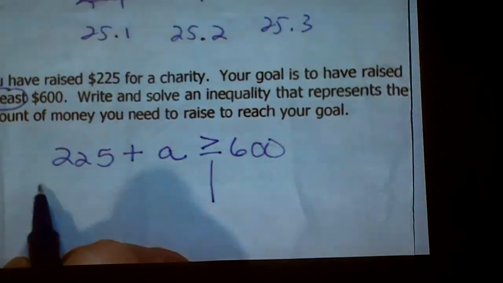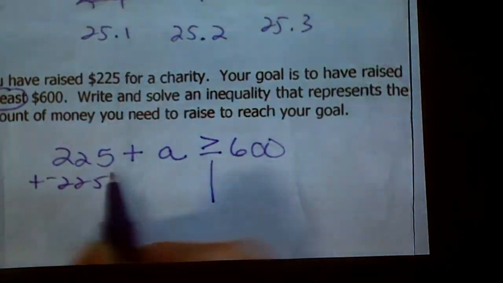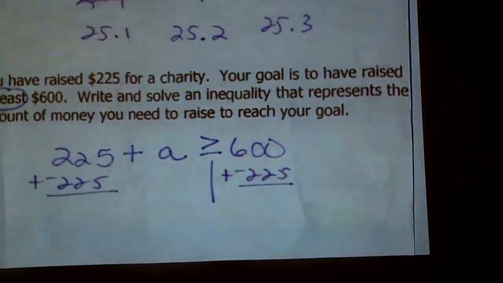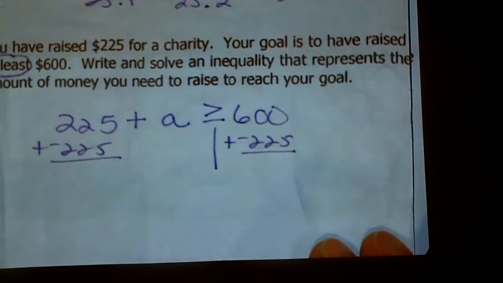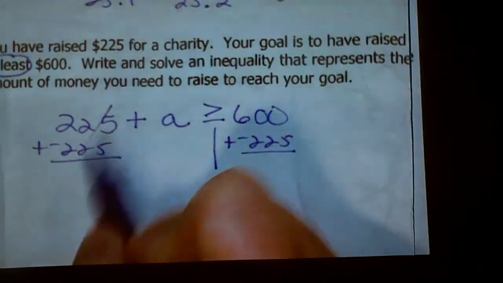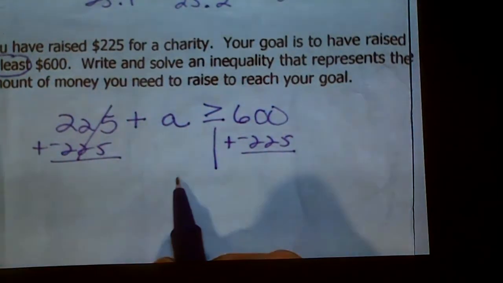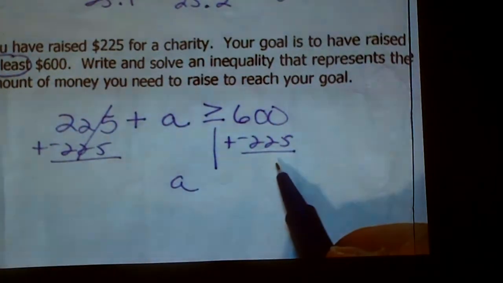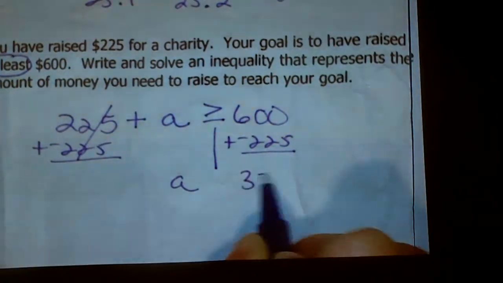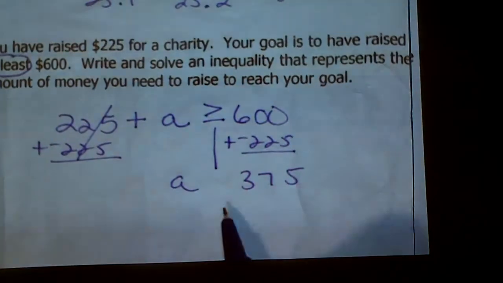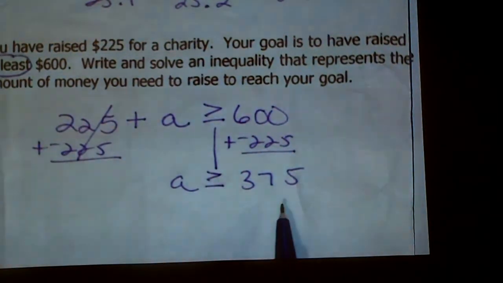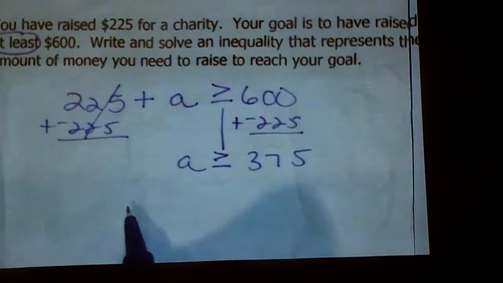So draw your line. We're going to add negative 225 to solve this, or subtract 225. I know you're probably sick of me saying that, but I know it's a question a lot of people have, so I keep saying it over and over again. That equals 0. 0 plus a is a. And when you take 600 and you subtract 225 from it, you get 375. So that means the amount that you need to raise still needs to be $375 or more.